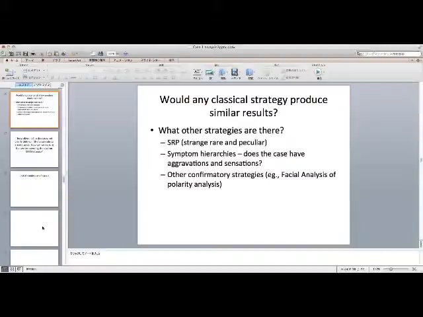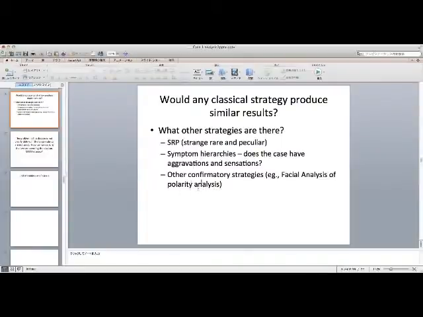Could any classical strategy produce similar results? Okay, there are other strategies out there, for instance, one that just emphasizes strange, rare, and peculiar symptoms, or some kind of symptom hierarchy. Usually aggravations and sensations are on top of these symptom hierarchies. And then there are other confirmatory strategies, for instance, facial analysis, or polarity analysis.